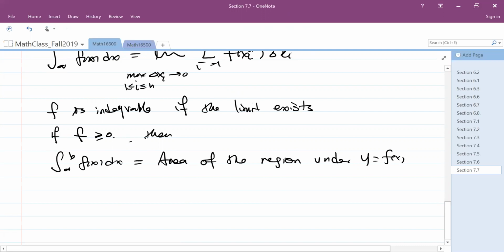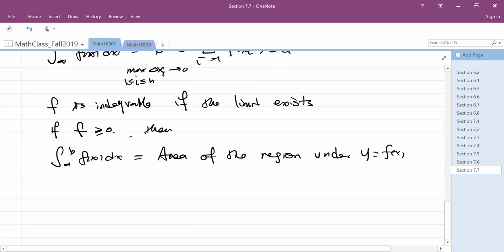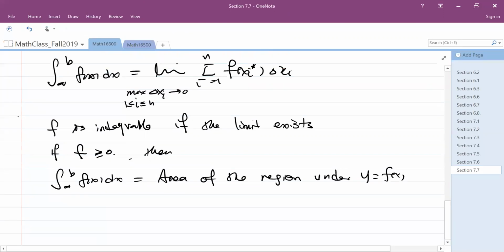Because we as human beings define the area only for rectangles. For all the other types of regions, we have to find a way to approximate the area using the limit. So the limit idea, we already had long time ago. So this is a definition.